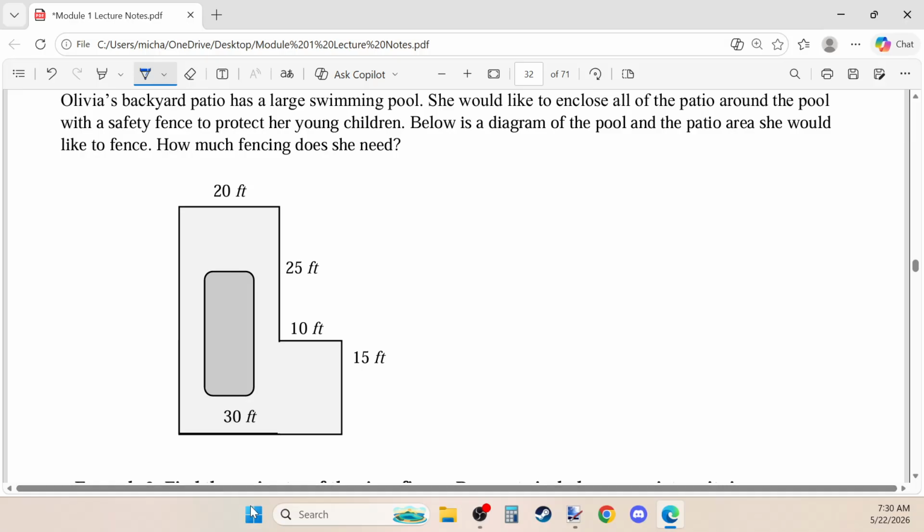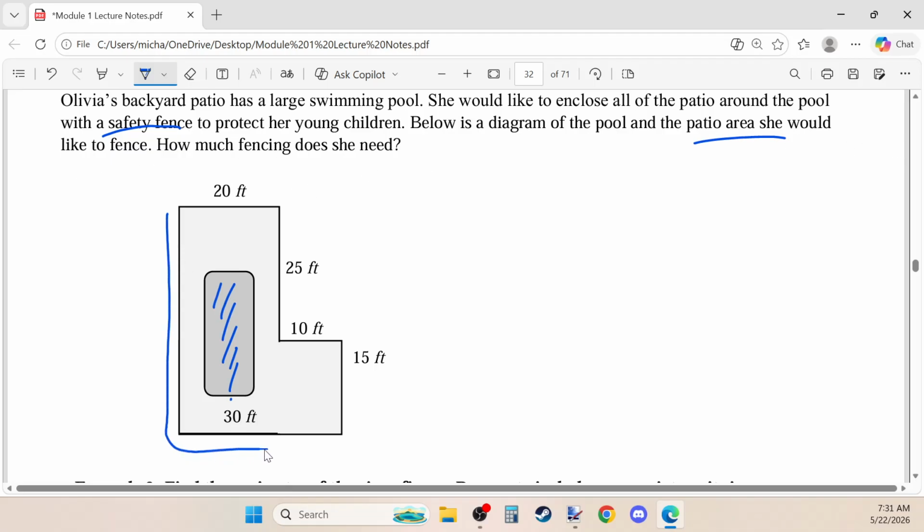So we have this problem here. It says Olivia's backyard patio has a swimming pool. So here's the swimming pool. She would like to enclose the patio with a safety fence. Fences go around perimeters. This is a perimeter question. Below is a diagram of the pool and the patio area she'd like to fence. How much fencing does she need?